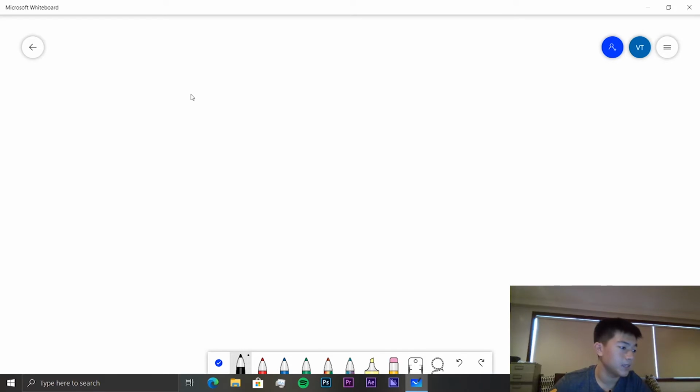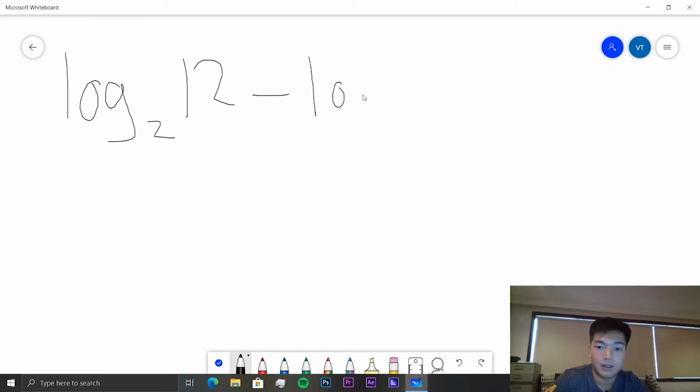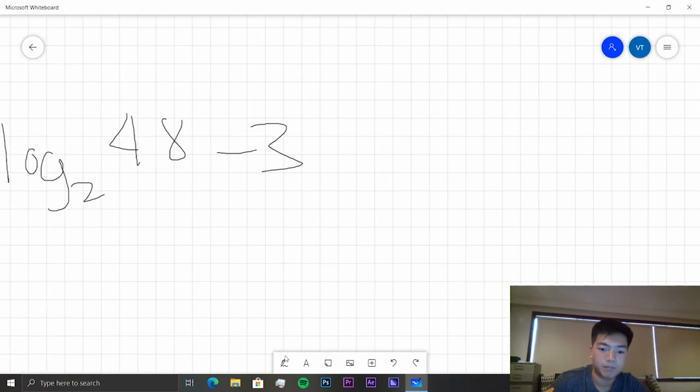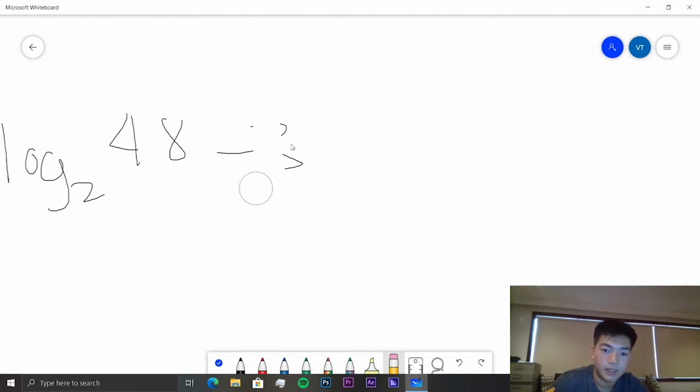Next, we need to express each of the following as a rational number. Log base 2 of 12 minus log base 2 of 48 minus 3. So first of all, we want to convert 3 into a logarithm of base 2. So this would be log base 2 of 8.